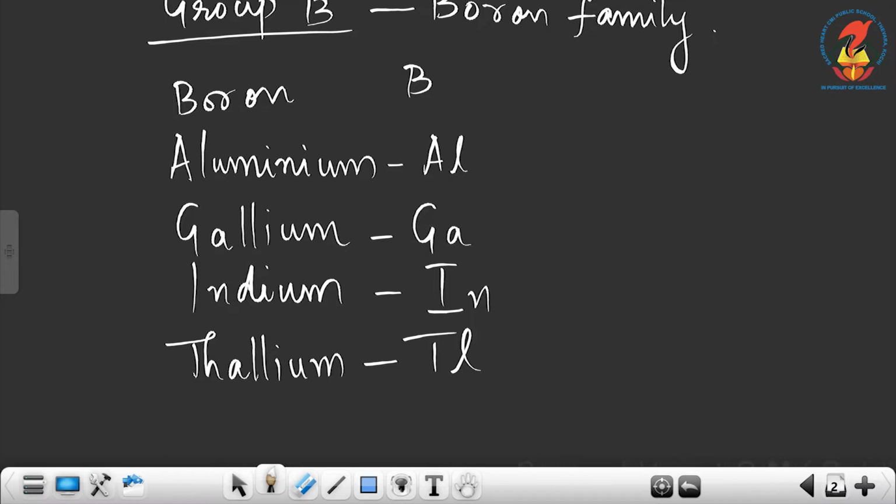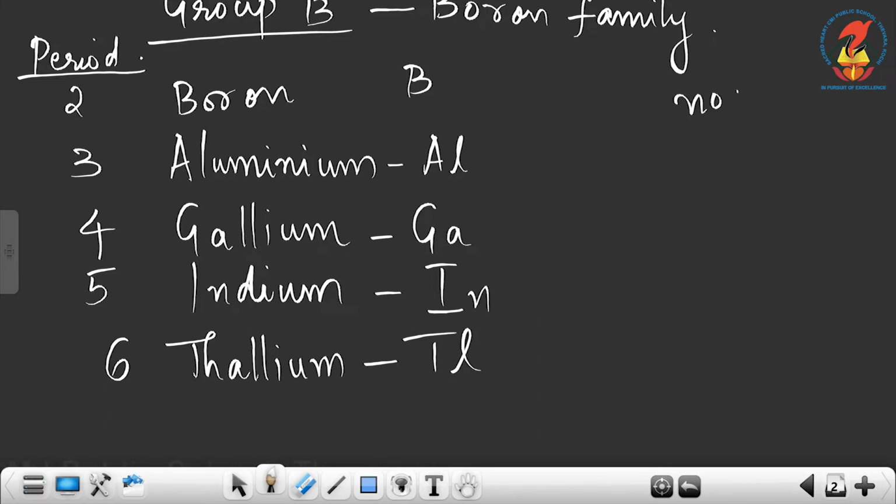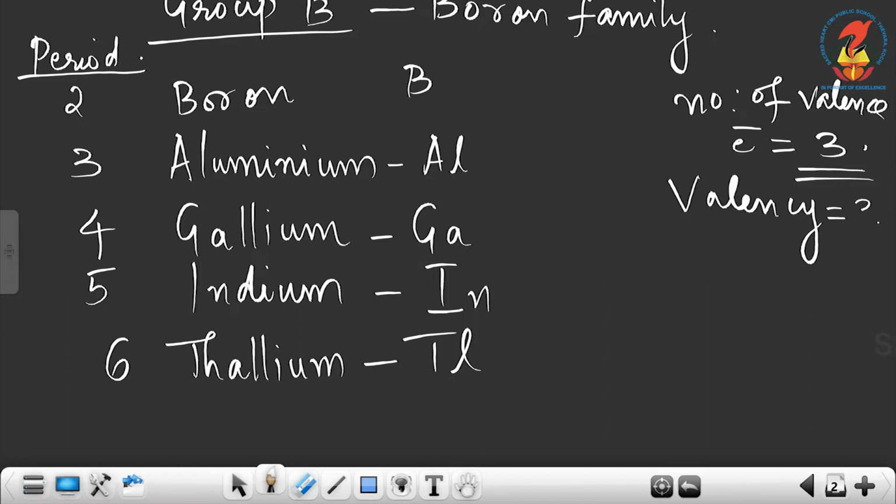Now boron is in the second period, then aluminium third, and the 4th, 5th and 6th periods have the elements gallium, indium and thallium. Now we know that the number of valence electrons of group 13 elements is equal to 3, and they can show valency equal to 3.